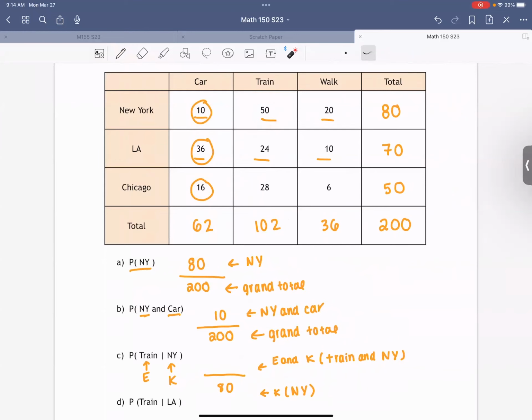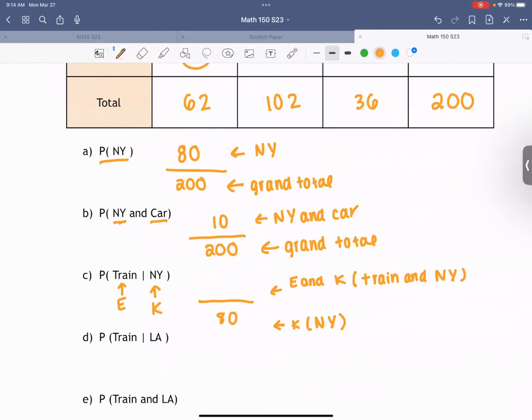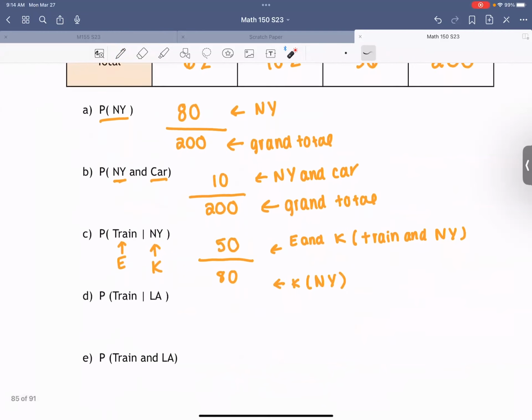Because that's where the cell is at. So this probability is 50 out of 80. So conditional probability, it's not very intuitive, but if we use our formula, all you need to know is where they both happen goes on top and the second event goes on the bottom. All right, any questions so far?